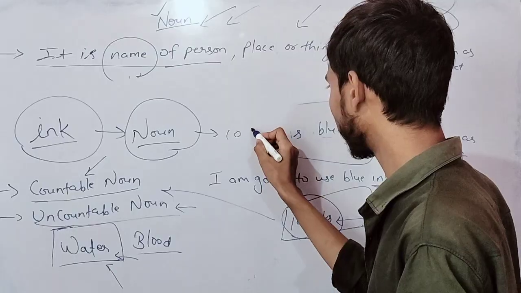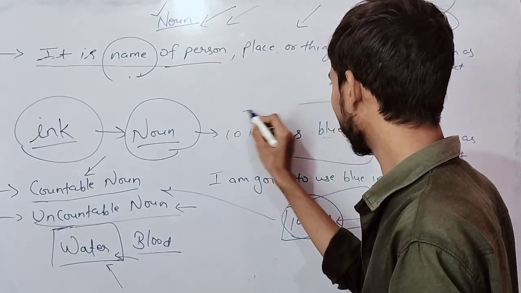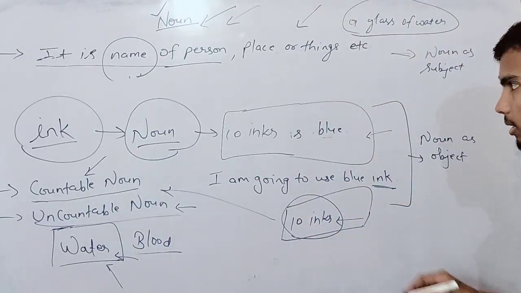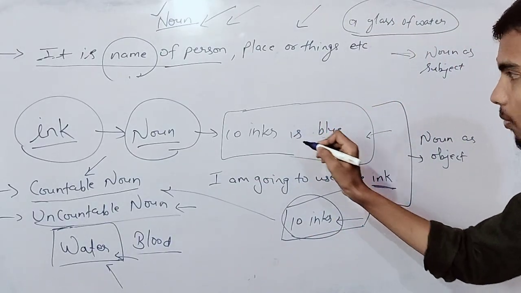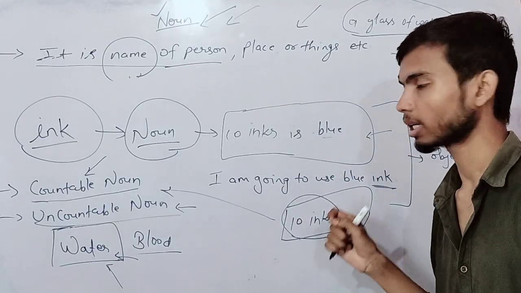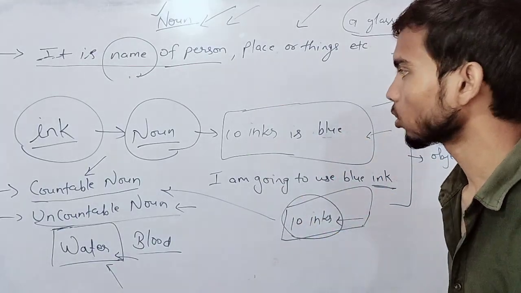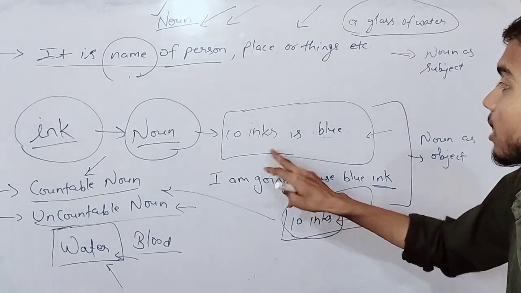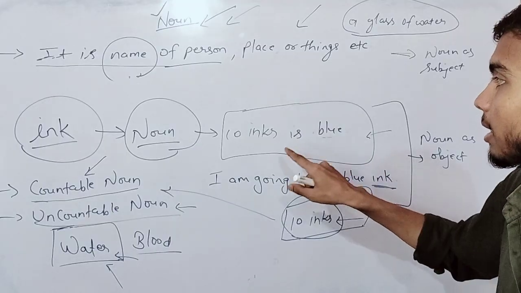Now 10 inks. I wrote 10 inks in this sentence. I replaced the word ink with 10 inks. Now here you can see we have this sentence: 10 inks is blue.